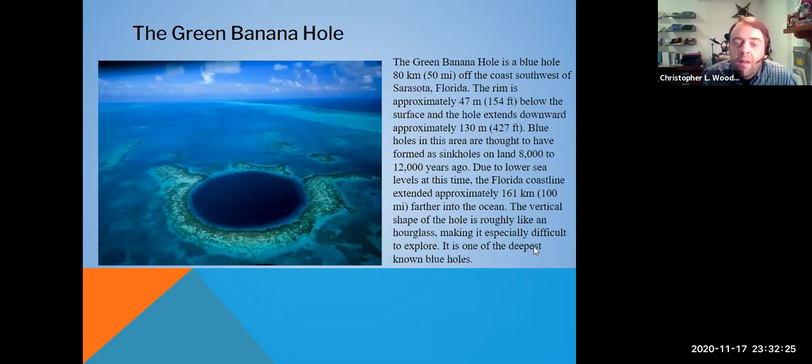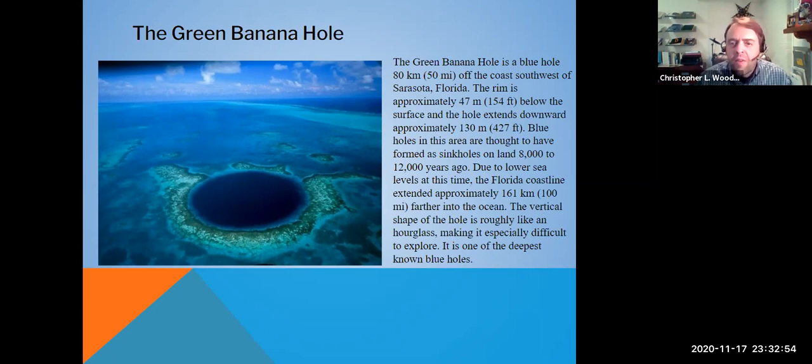Here's a really neat one. This is called the Green Banana Hole. Blue holes are areas in shallow ocean where the underlying rock is limestone that has been eaten away through carbonation. They can leave huge sinkholes, but they're blue because they're sitting in the ocean, and they can be very deep.